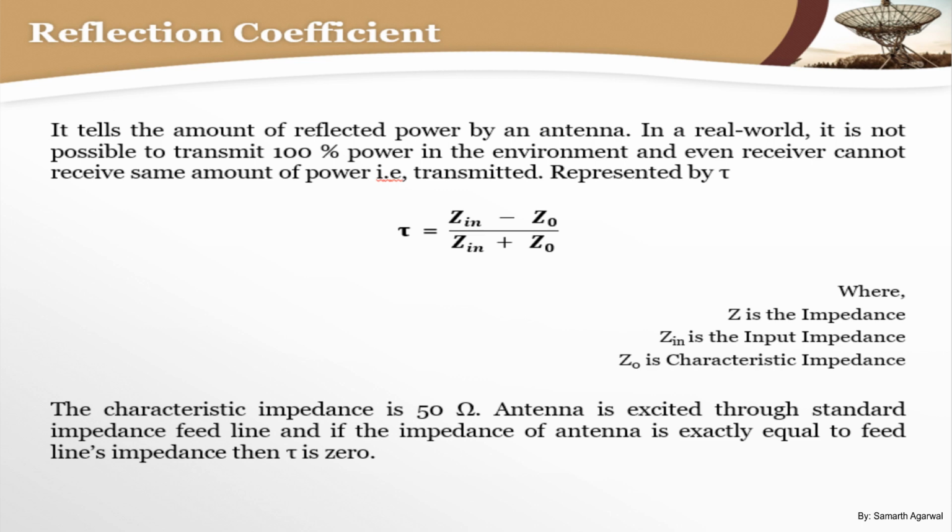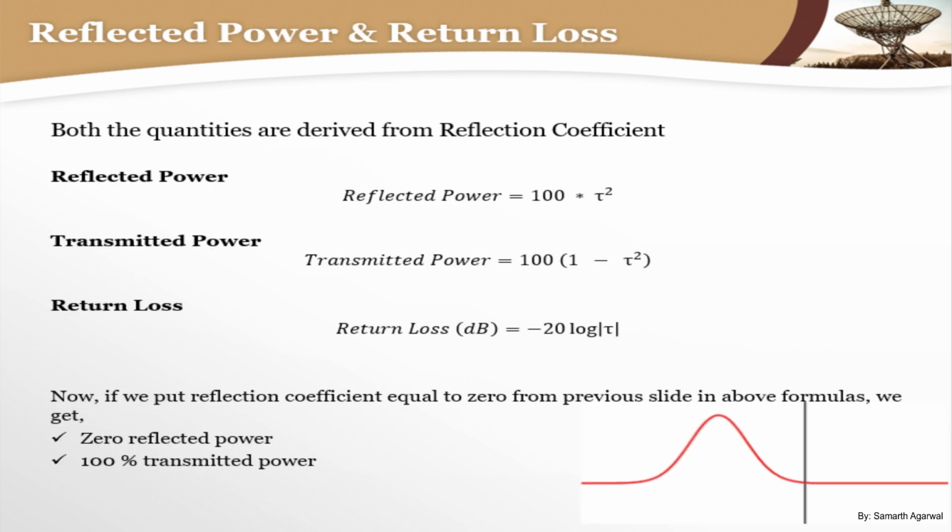Also, I will be telling you about reflection coefficient, return loss, and S parameter in the case of an antenna, what these are, whether they are different, and what the formulas are. So let's look at the reflected power, how it's calculated with the help of the reflection coefficient. So the formulas for reflected power, transmitted power, and return loss are there.